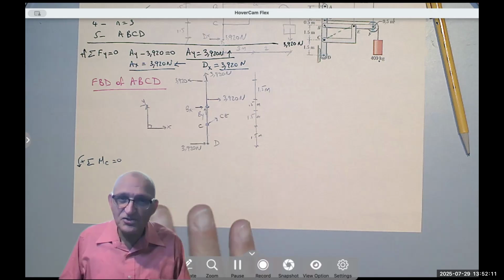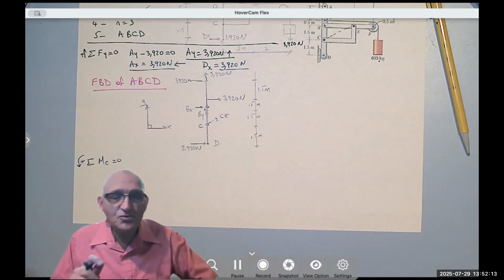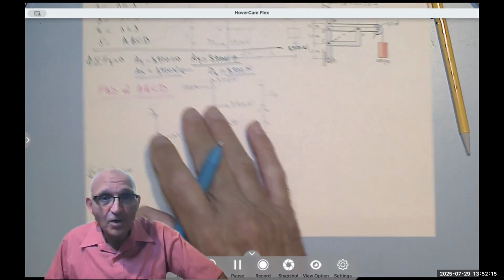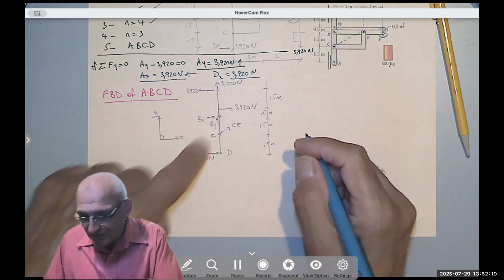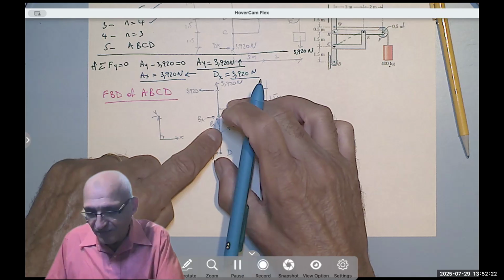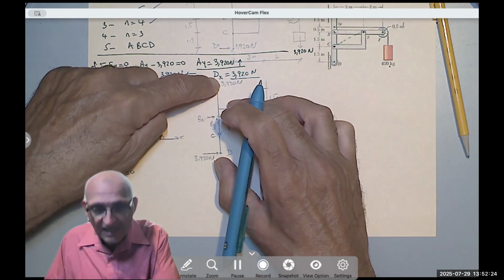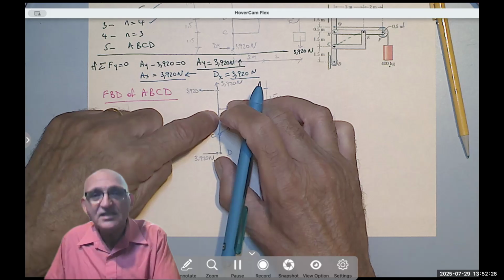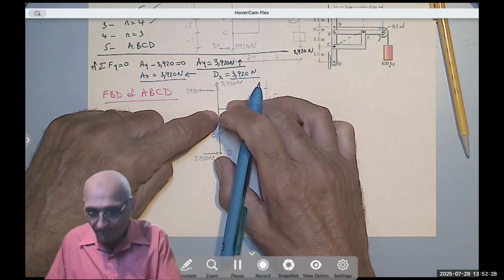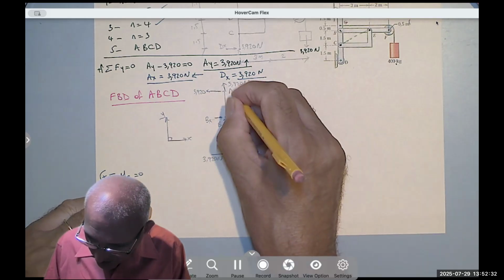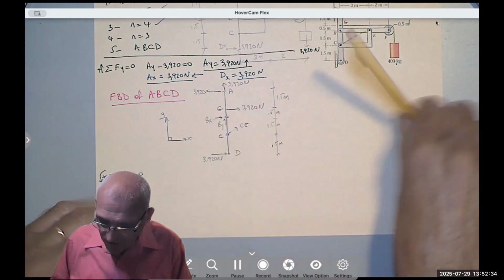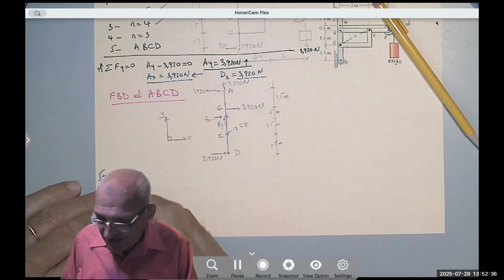If it's confusing to you, it shouldn't be, because the moments produced by couples are free moments. If you take the moment about C, they have a magnitude. If you take the moment about A, they have the same magnitude. If you take the moment about B, it's the same magnitude. However, because I don't want to confuse you here, I'm going to take the moment about C.